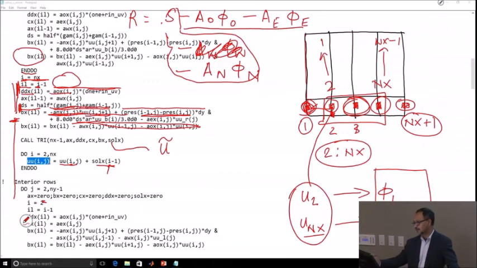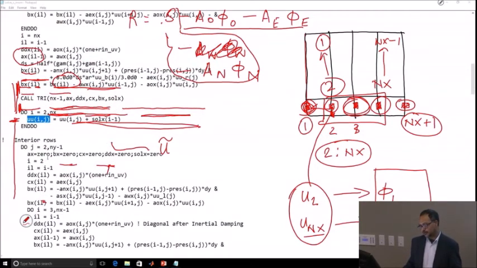As I said, number 2 is the first unknown. Okay, so if you think I is equal to 2, it's saying U2 is equal to U2 plus phi of 1. Everybody understand that? What's going on here? So that's the update step.